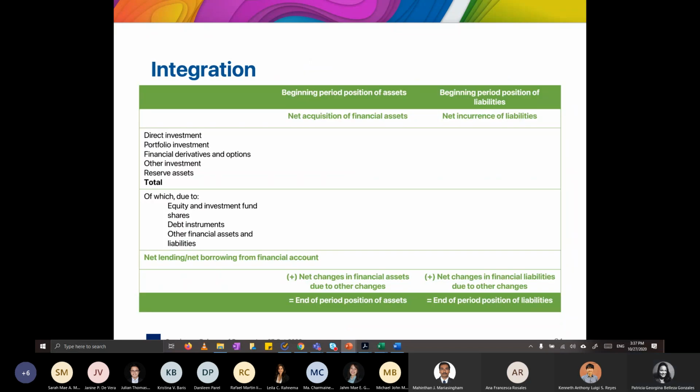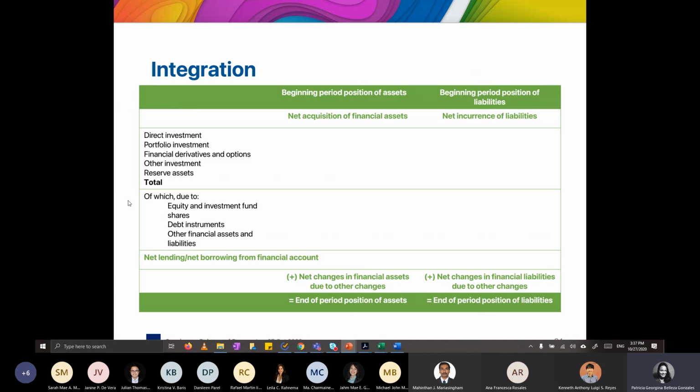So, given all of these, these are all the financial assets whose transactions are recorded in the financial accounts in the balance of payments. In a single view, this is what it looks like. This schematic also shows you the relationship of the financial account and the IIP. The beginning period position of assets and liabilities, the beginning IIP, is on top and the end is at the bottom.